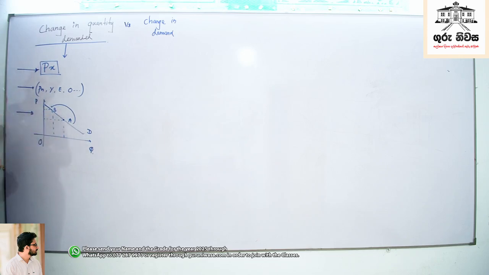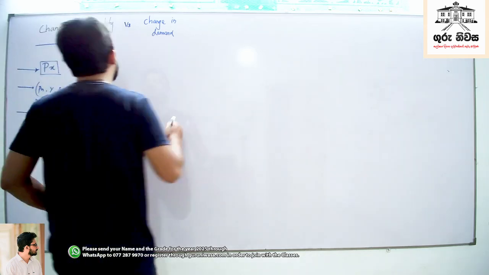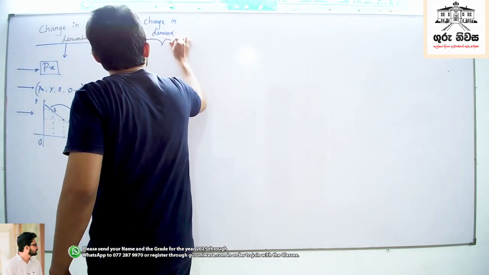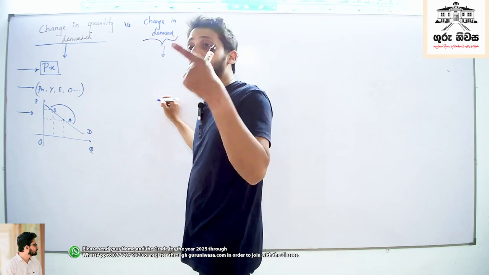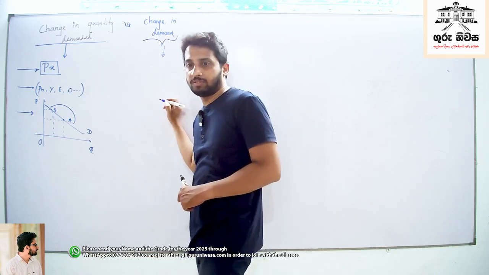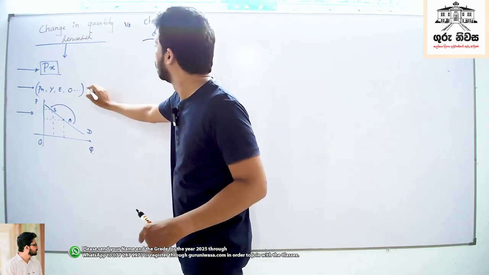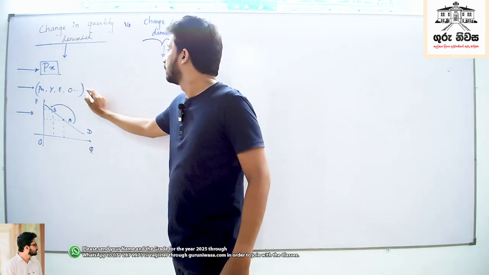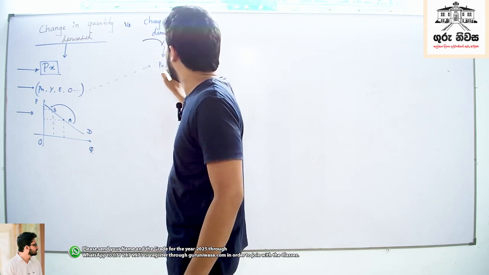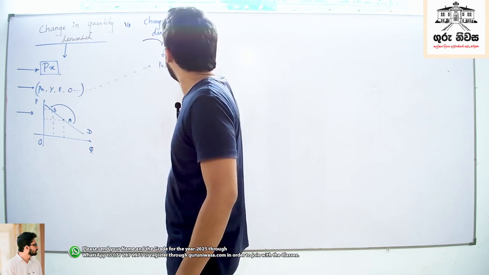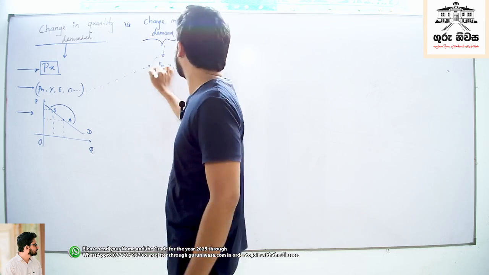Okay. When it comes to change in demand, it is caused by changing other factors affecting demand. It means these factors: Pn or Py, Y, E, O, and other factors.